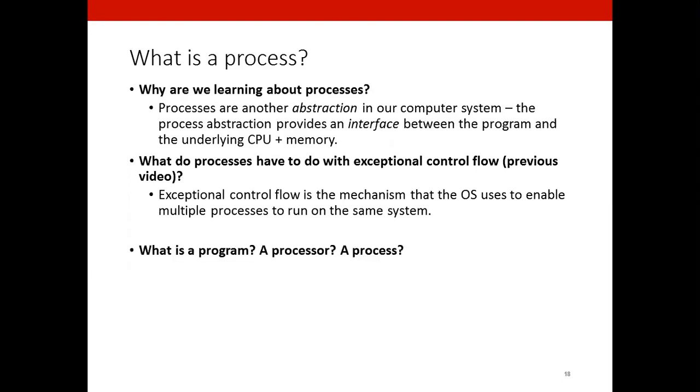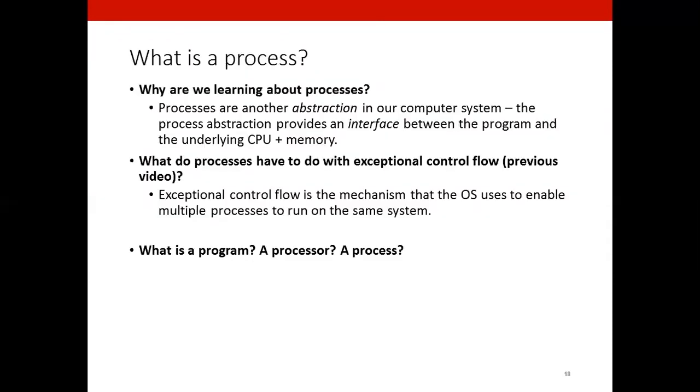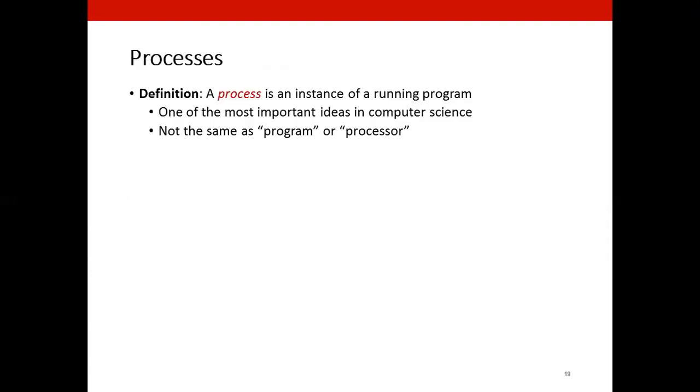What is a program? It is just a list of instructions, a collection of ordered instructions and the data that forms your code or software application. A processor is the piece of hardware that actually is responsible to run these instructions. And what is a process? A process is an instance of a running program.